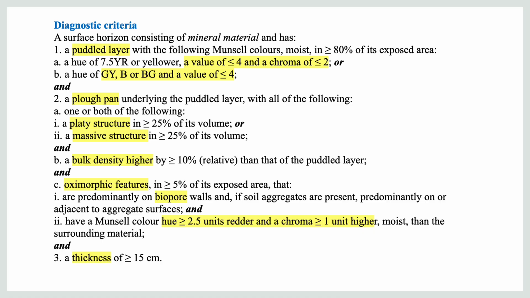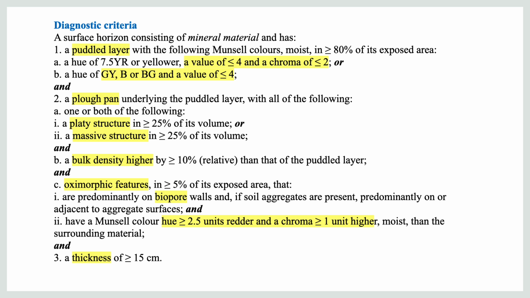To classify an anthraquic horizon, this surface horizon consists of mineral material, and I would not say now the content of organic carbon, or I can say it's quite higher than in Soil Taxonomy. It's quite higher than the Brazilian system.